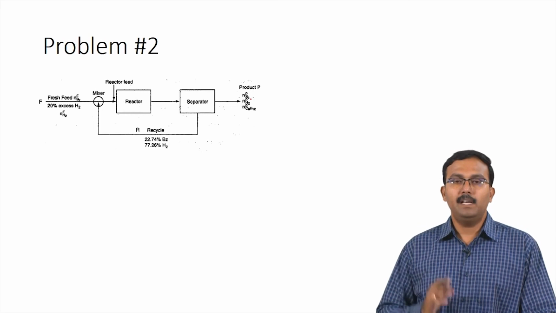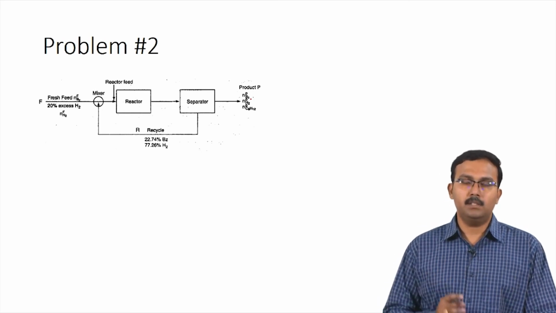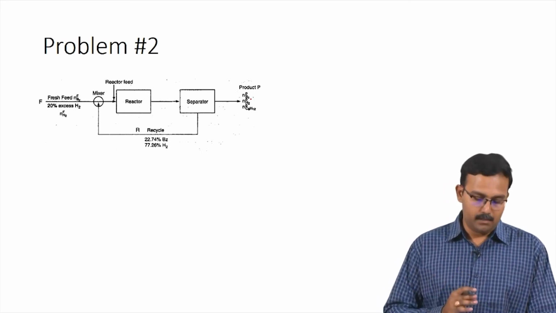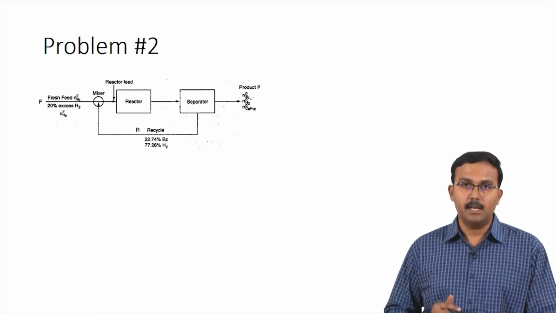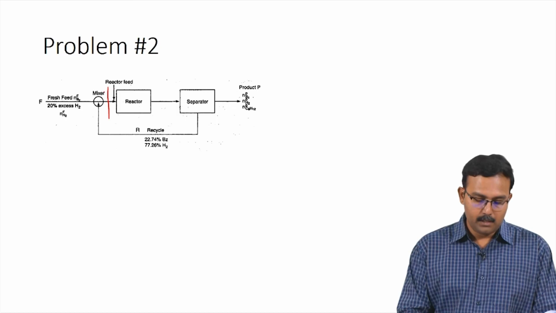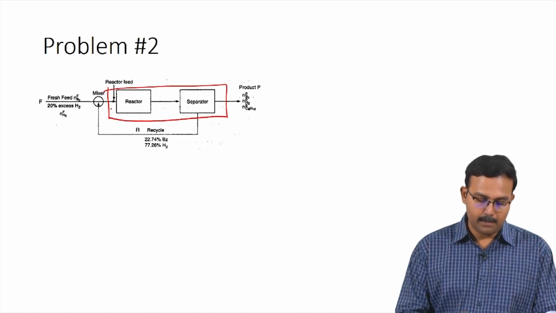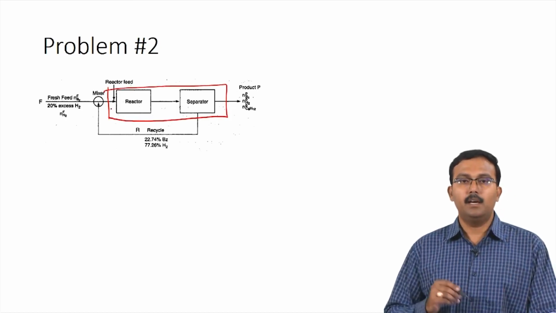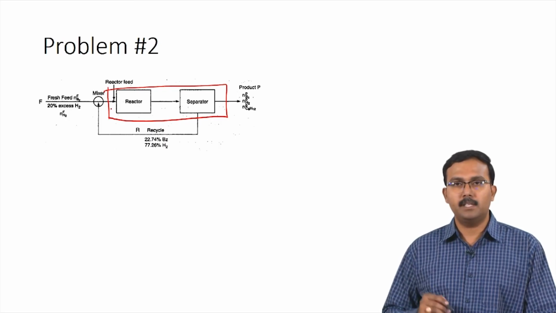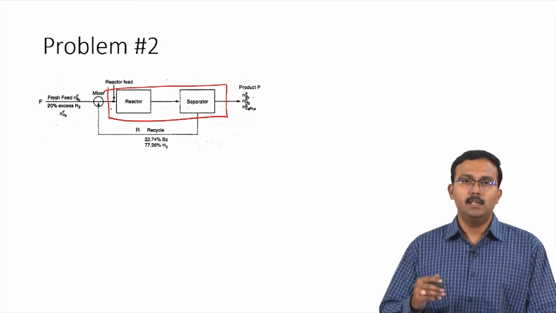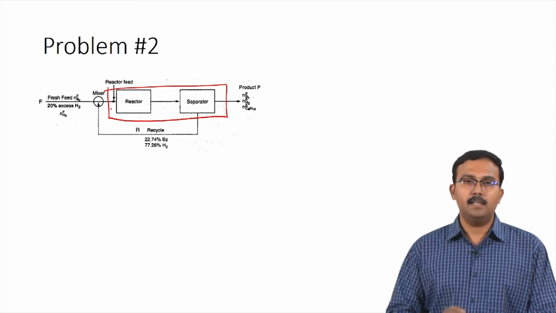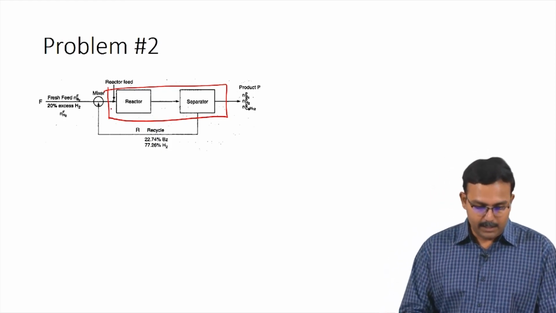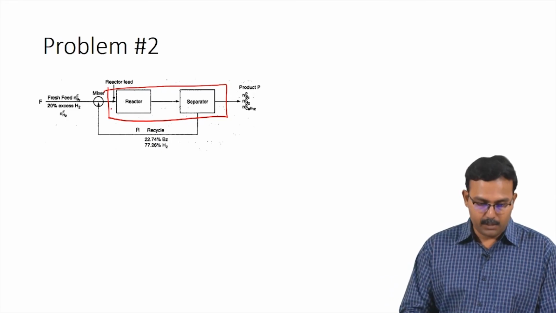From the problem, we have information about the single pass conversion, and based on the calculations we have done, we have the information about the product stream. Hence, choosing your reactor and separator as a system would help you use the single pass conversion and also use the values we have calculated for products to finally calculate the recycle stream. Let us try to write the balance equation for this particular system.